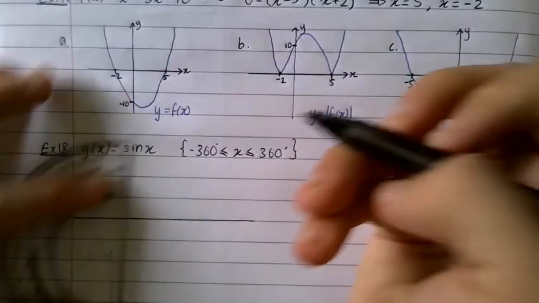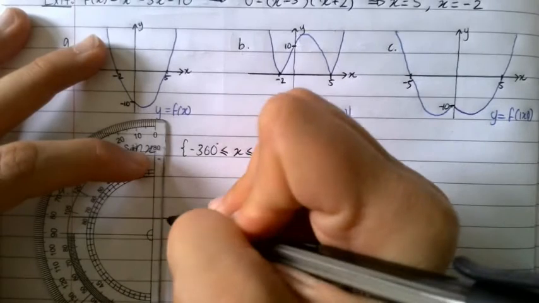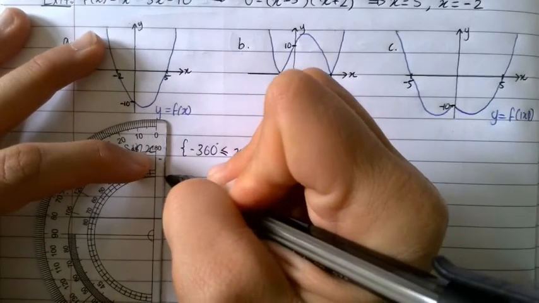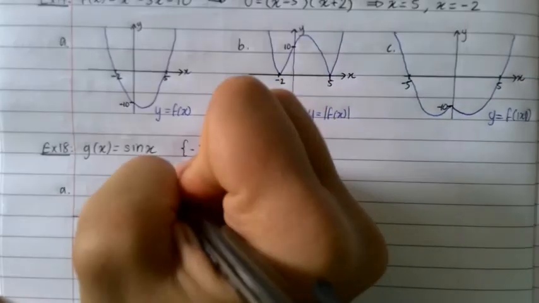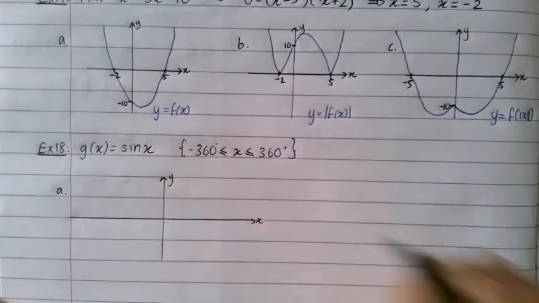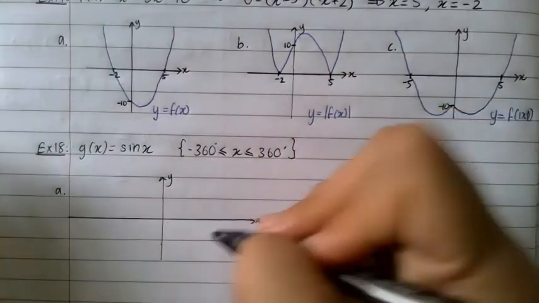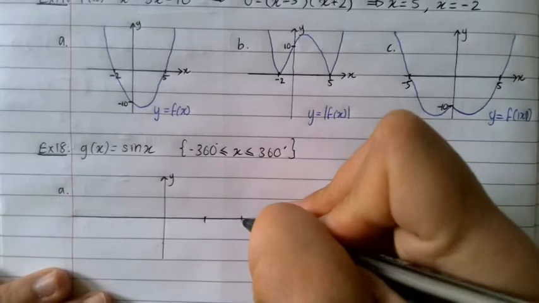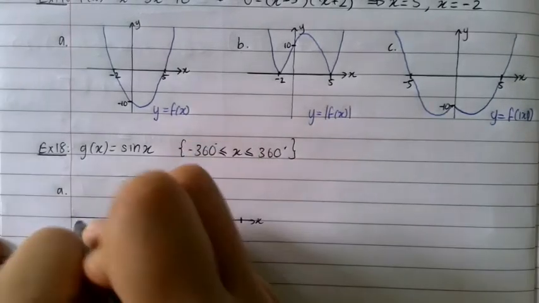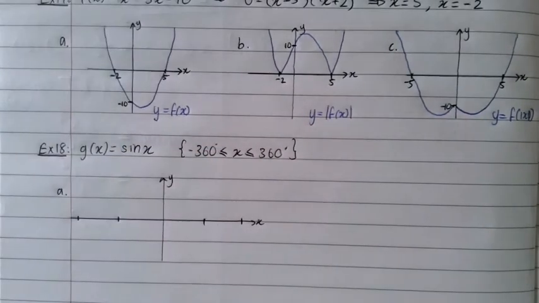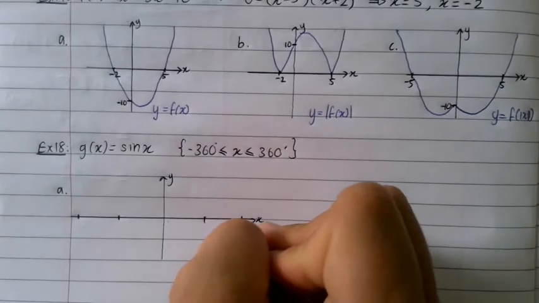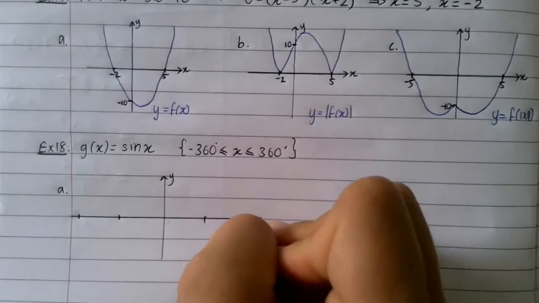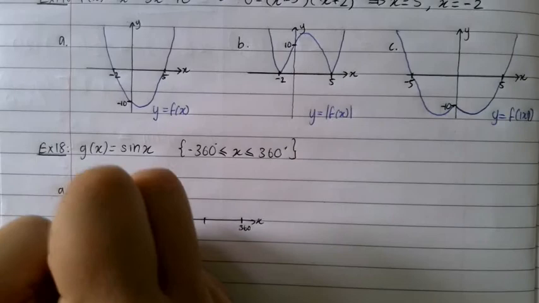Give myself a nice long set of axes there. Whenever I draw the sine graphs, I always like to draw 180 and 360 to help me get it nice and symmetrical. So this would be 360 up here, and this would be negative 360.